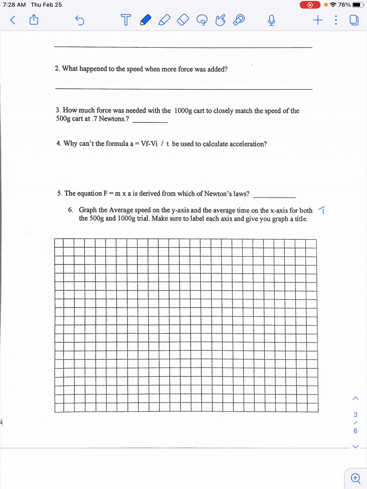A couple of notes for the graph. Make sure you put a title, axis labels, a scale on each axis, and make it a line graph.